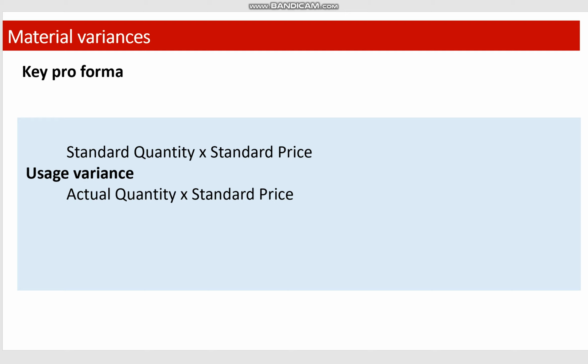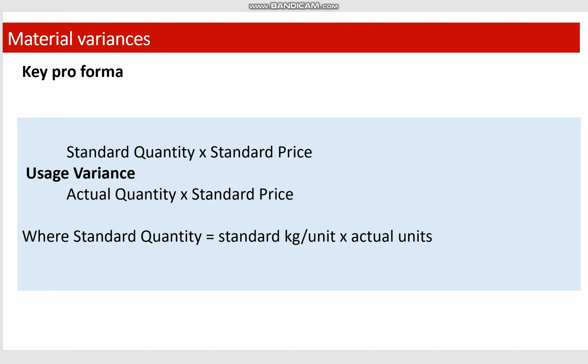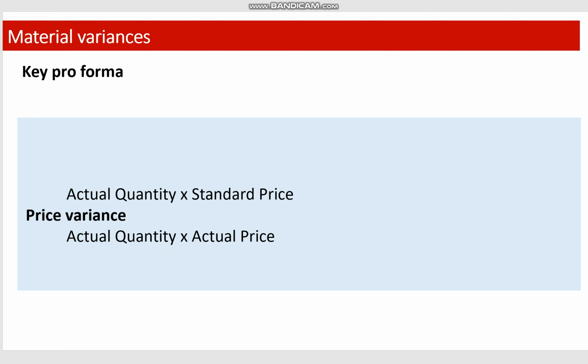So standard quantity times standard price, actual quantity times standard price, the difference is called usage variance. Did you notice that standard prices are constant? So we are not comparing price with price. For the quantity or usage variance, we are comparing standard quantity and actual quantity. So as I mentioned earlier on, standard quantity equals standard quantity per unit times actual units.